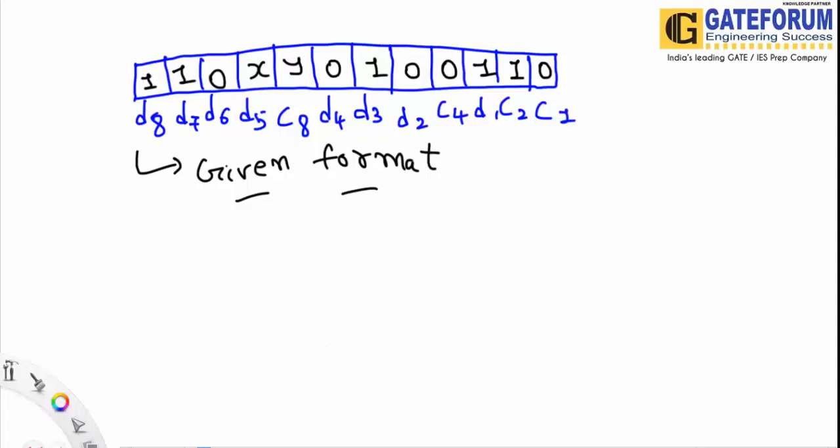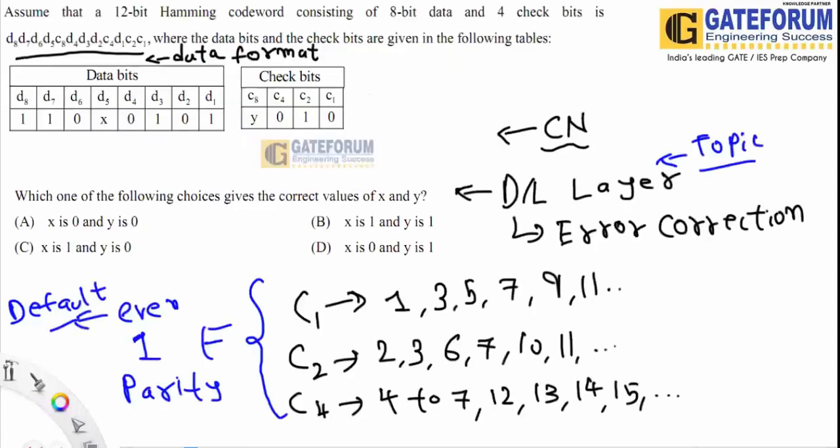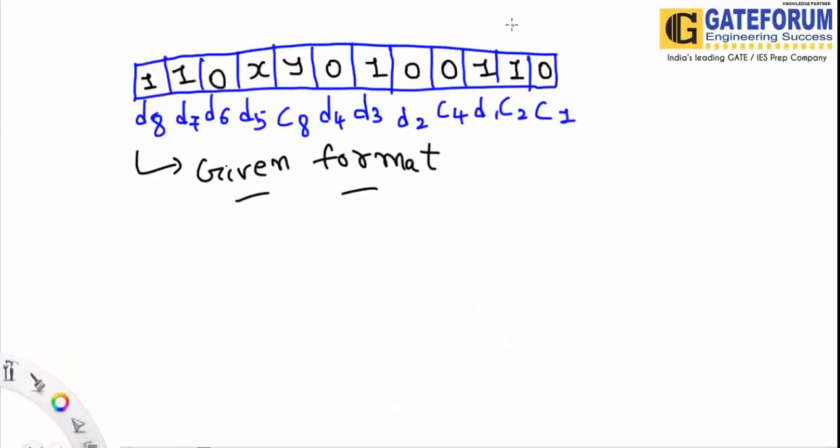Okay, so we initially tried to understand what we are taking into consideration. We are taking into consideration the error correction strategy, in which C1, C2, C4 will take into consideration all these positions, and we are taking into consideration the even parity. Just for your easy reference, I'm writing the positions of the bits, 1, 2, and so on. It always starts with 1.